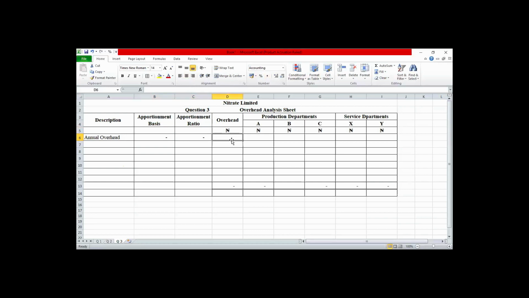Now, for all the apportionments they have done for all the 3 departments, what was the total? 171,100. Is that correct? Yes, sir. Now, how much is for A? 56,000 naira.